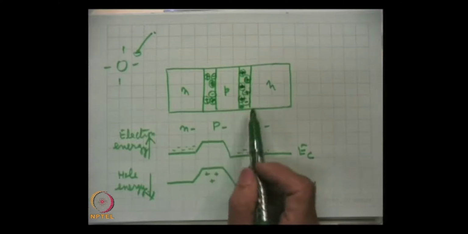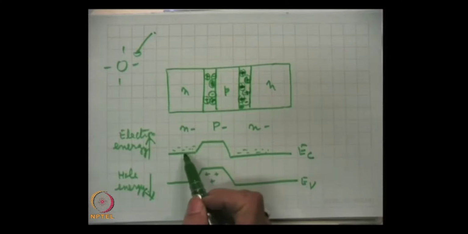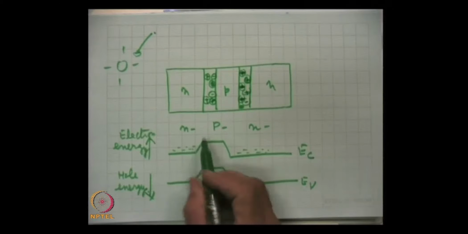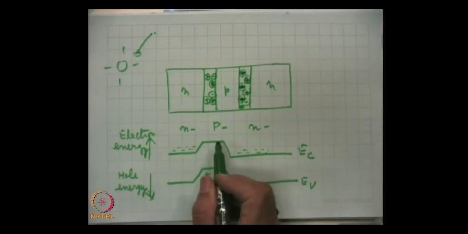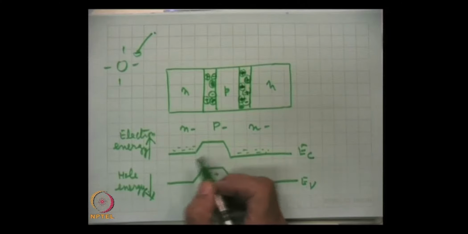So, once the junction has been formed, these charges from the n side, though they have higher population, so there is a density gradient, but they will be unable to cross over to the base region or to the collector region because of this barrier height, the contact potential.